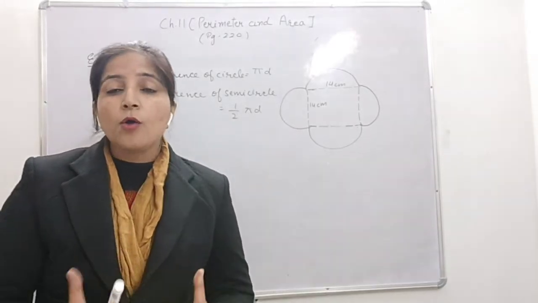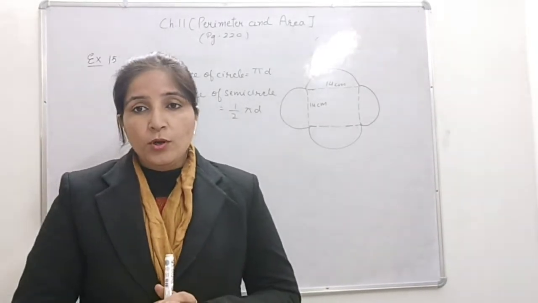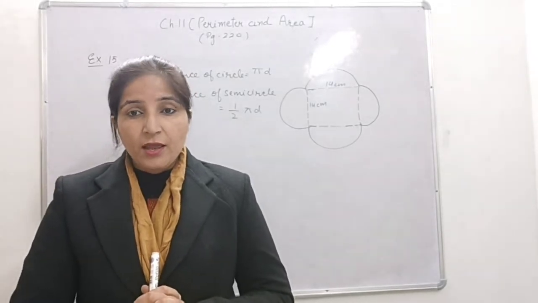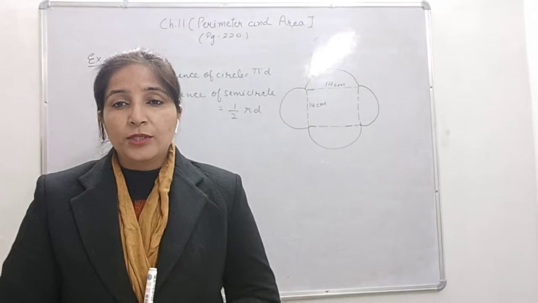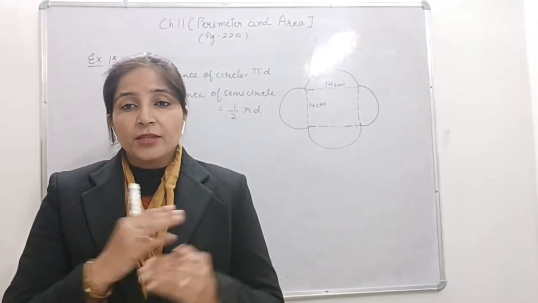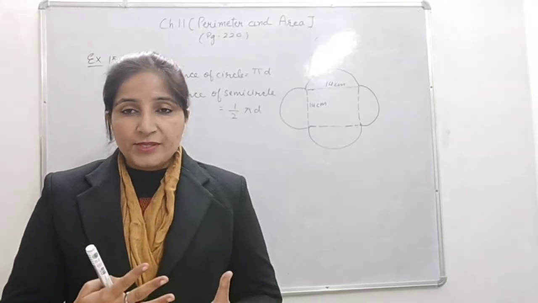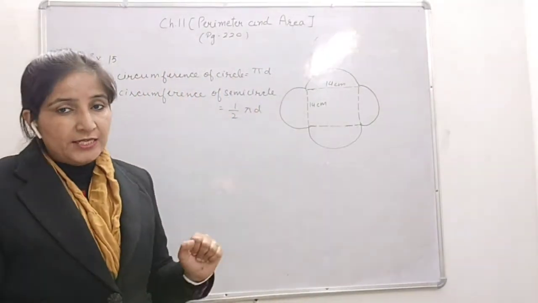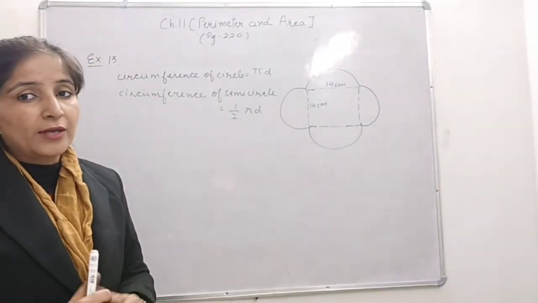Okay, so now how to find out? If we know the formula of the circumference of the circle, what is the formula to find the perimeter of a semicircle, or you can say the circumference of the semicircle? The circumference of a circle is pi d. Why am I taking d this time, not r?